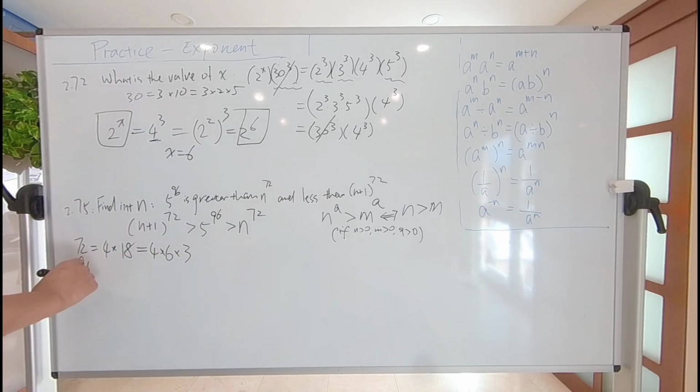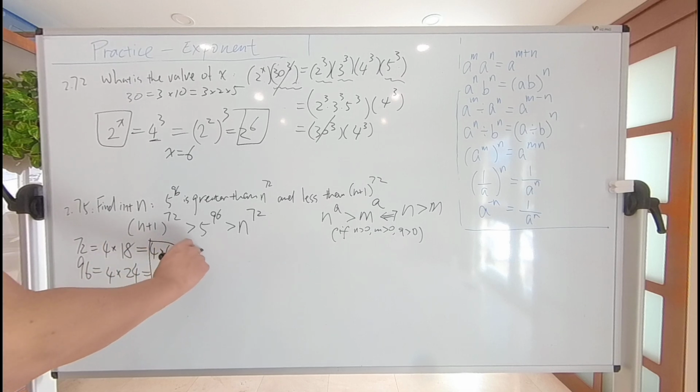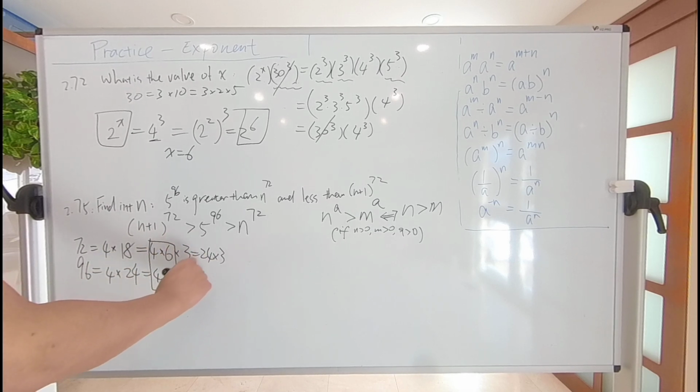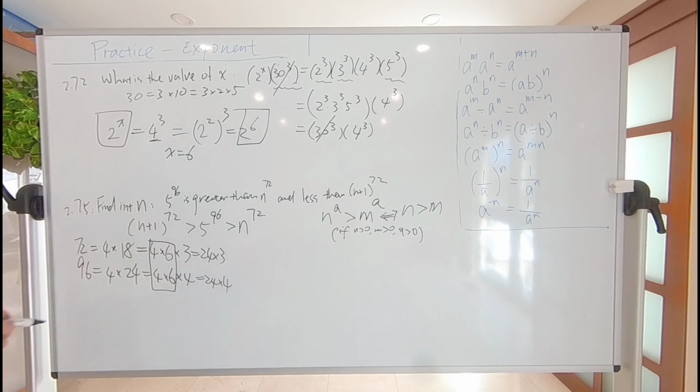Okay, 96, I'm taking out 4, I will have 24 left. Right, 24 is 6 times 4, which means the common factor is 24. You will learn this in a later class when you learn the least common factor.